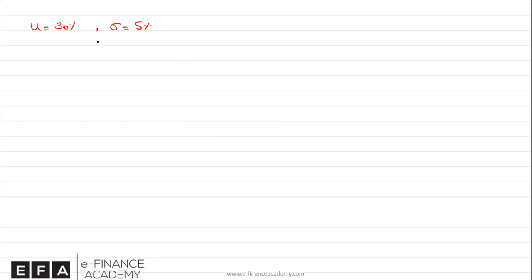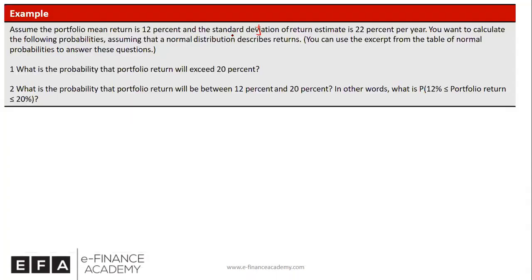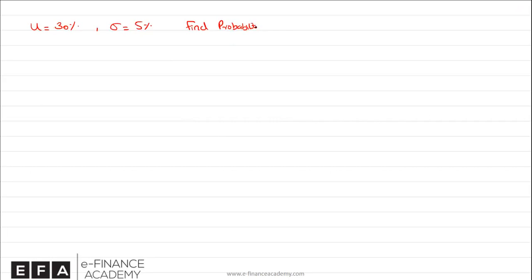And what we are looking to do is find the probability that a random variable x will have a value below 40%. So what is the probability that x will be below 40%?